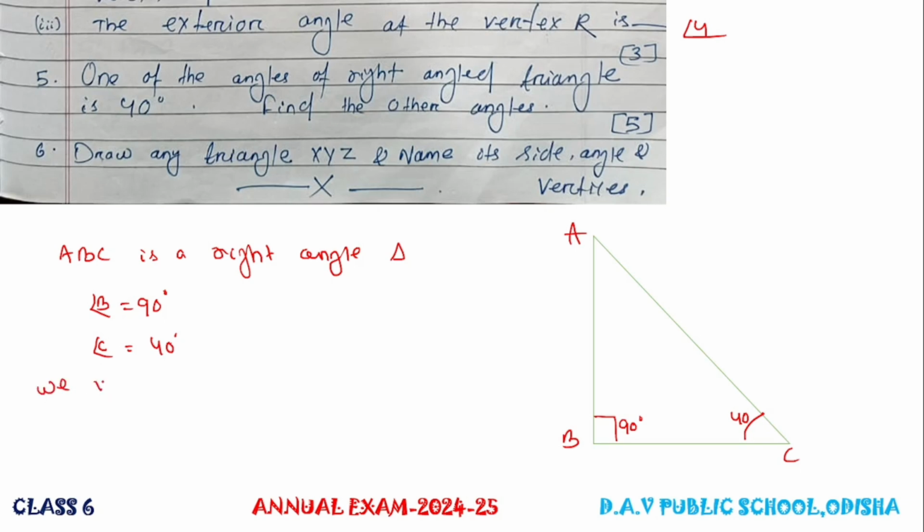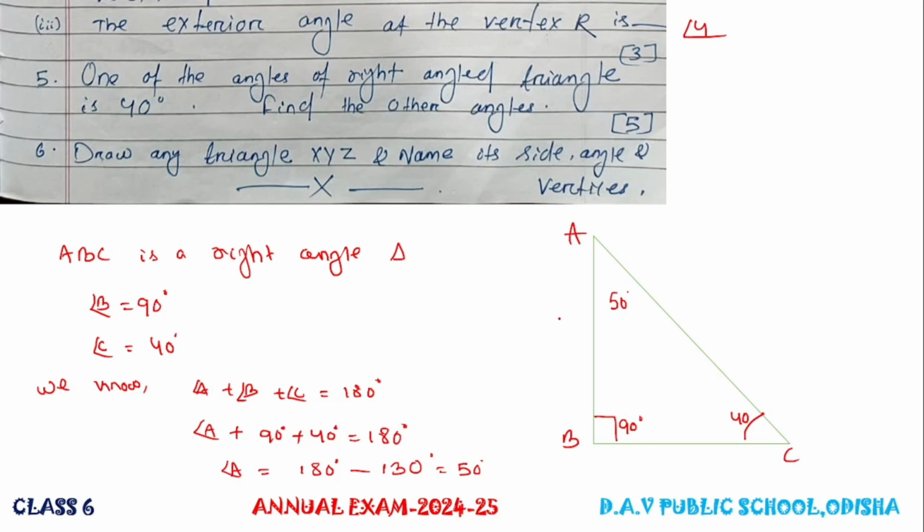Also we know the sum of all angles, A plus B plus C, is equal to 180 degrees, the angle sum property. Now put the values: angle A plus 90 plus 40 degrees equals 180 degrees. Now angle A equals 180 degrees minus 130, that is 50 degrees. So the answer is 50 degrees.